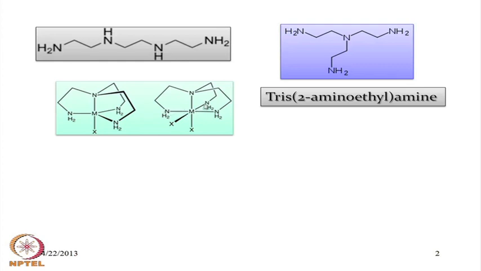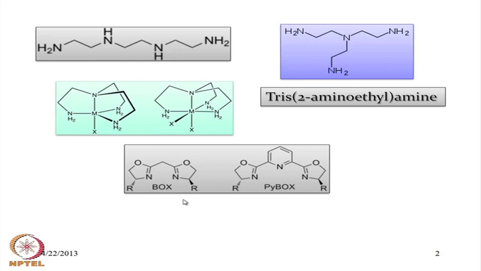So, squeezing of this NH2-M-NH2 angle is required for the move from trigonal bipyramidal geometry to octahedral geometry, which is also possible if we move from one metal center to another that has a typical preference for octahedral coordination.